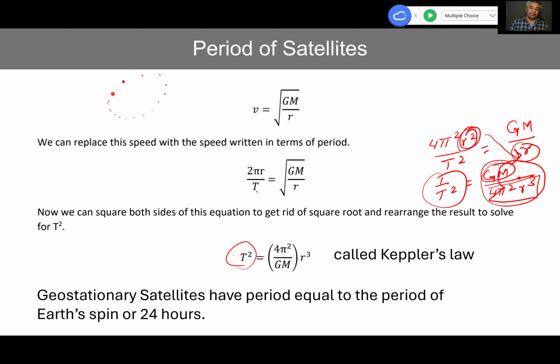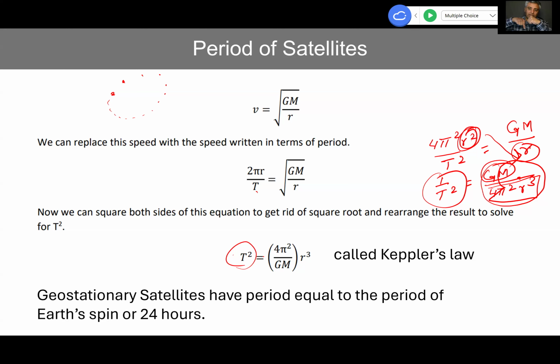So for example, if I put a satellite to provide some information here in Denver, I don't want that satellite to be shifting to Canada or maybe some other state. So I want that always on top of Denver. Let's say this is Earth, Denver is this, and here I want the satellite, all the time.